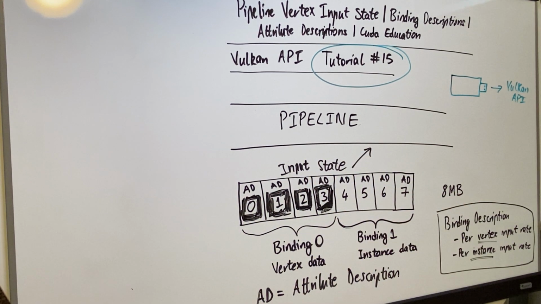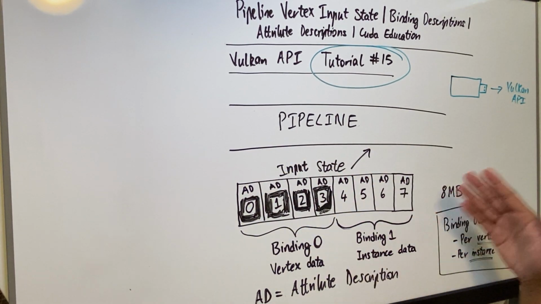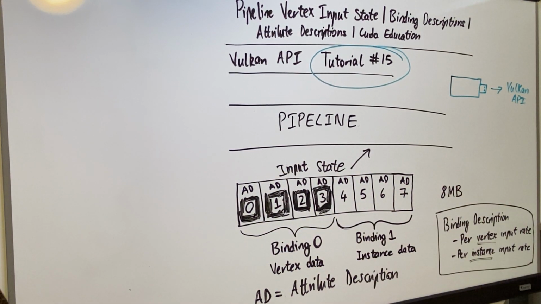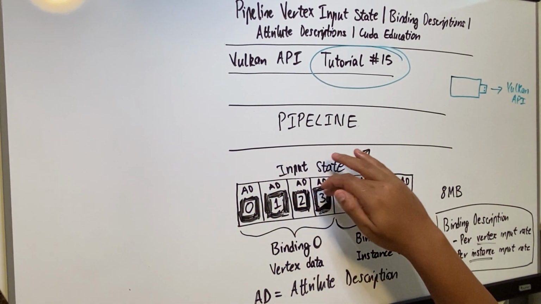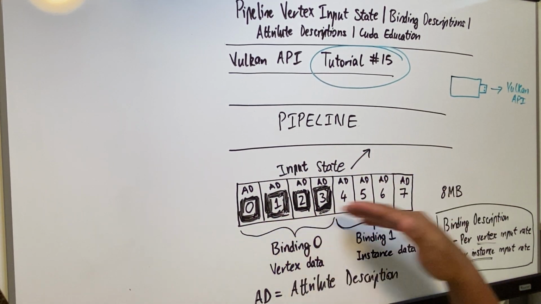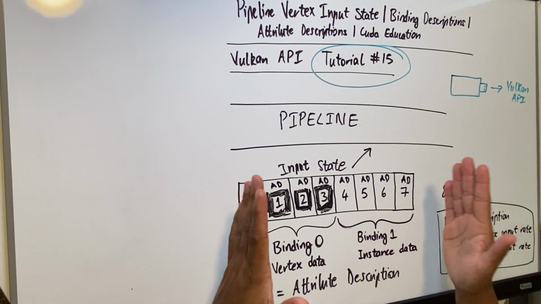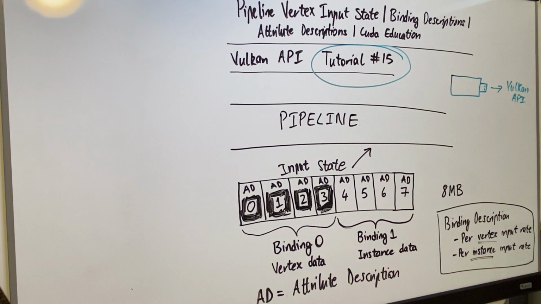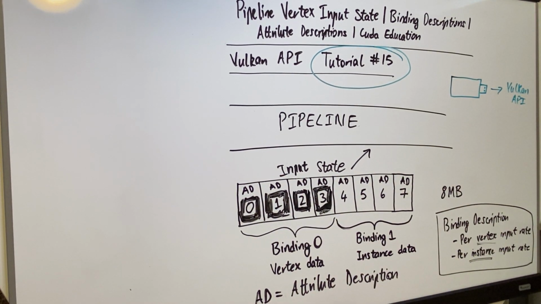Now let's say each of these locations is 1 megabyte, just for argument's sake, just to make it easy, right? So you have 8 locations, 1 megabyte each. You have given Vulkan 8 megabytes worth of data, and now you've broken it up into different pieces.